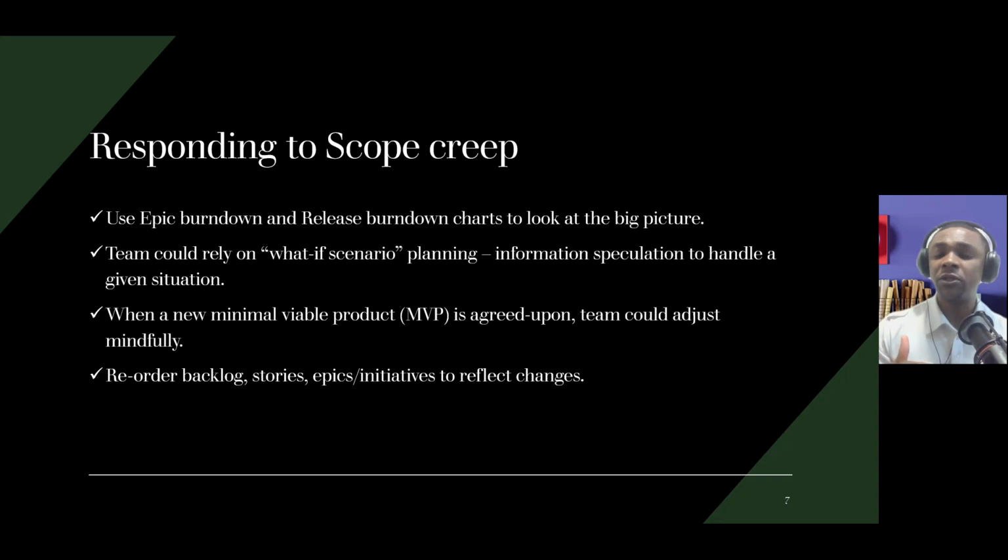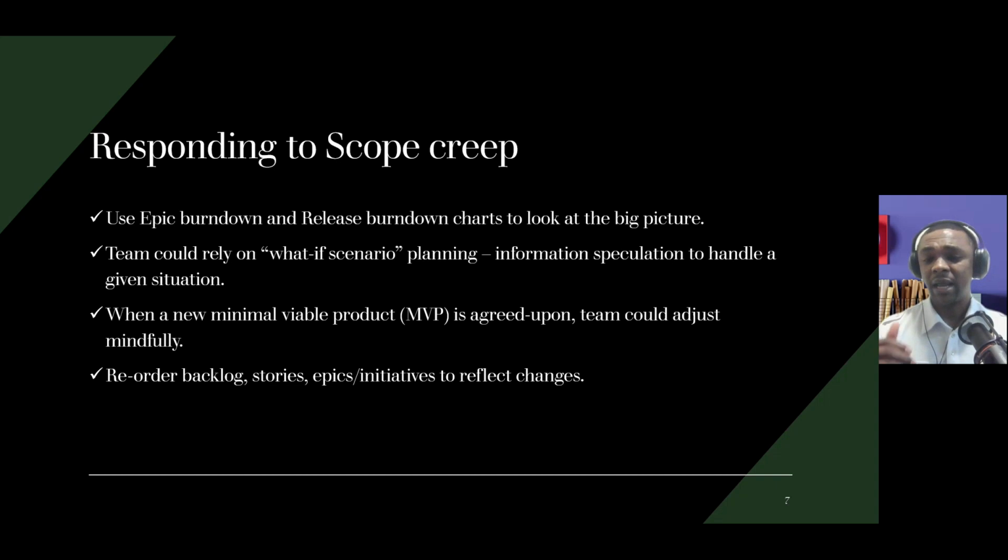Now, how do you respond to this scope creep? How do you respond to that? There are lots of ways that you could respond in order to manage that scenario as a Scrum Master, and four of those ways, I think, could help. The first is using epic burn down and release burn down charts.